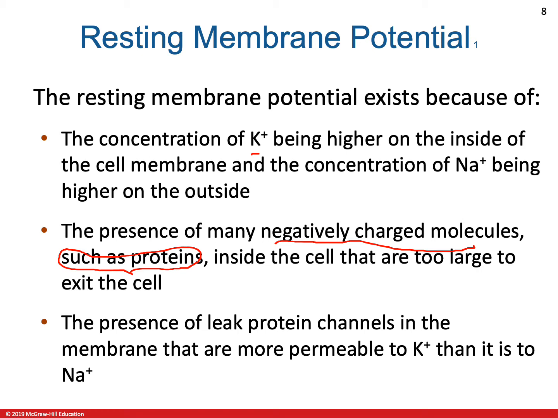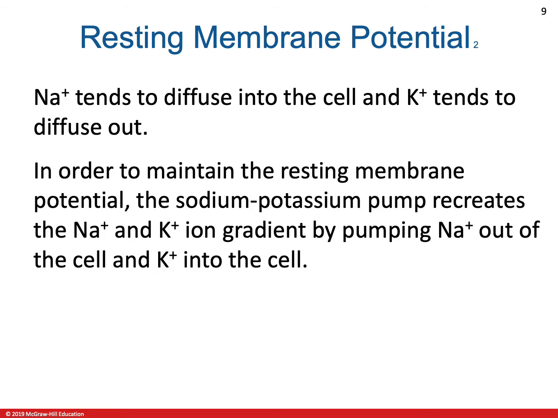And we know that opposite charged ions usually attract each other. There are also leak protein channels in the membrane that are more permeable to potassium compared to sodium. Sodium tends to diffuse into the cell and potassium tends to diffuse out, following the concentration gradient.